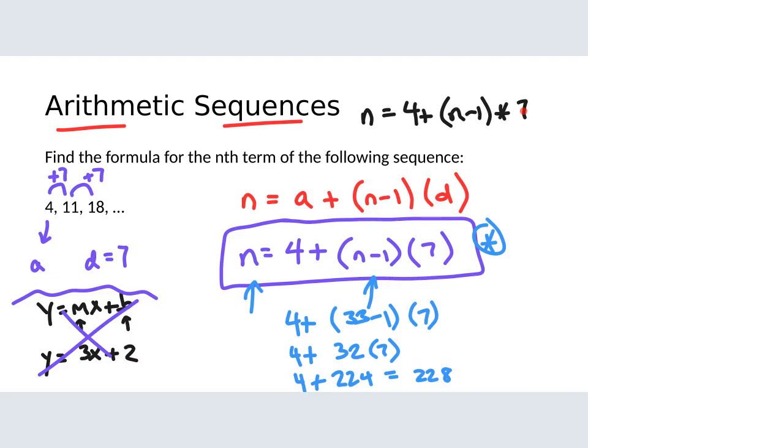That said, as much as Canvas might not be, I can be forgiving. If you just stuck the 7 out there because that means multiplication and you didn't use the asterisk, it's okay. Canvas might count it as wrong. You send me an email and say, I think I've got mine right here. Is that okay?